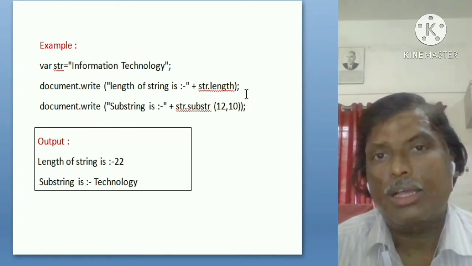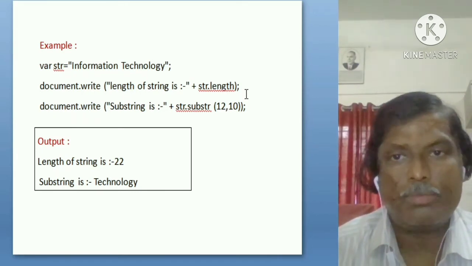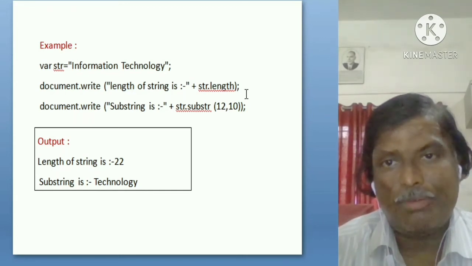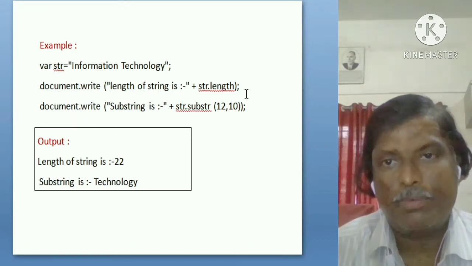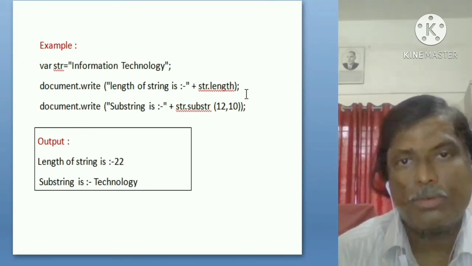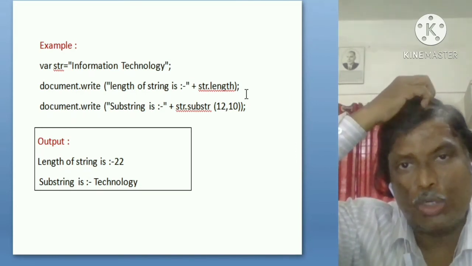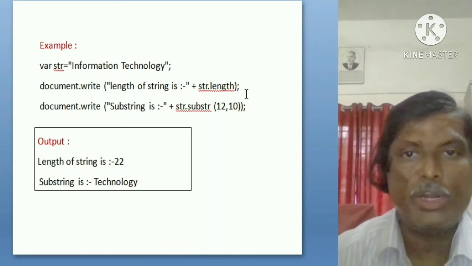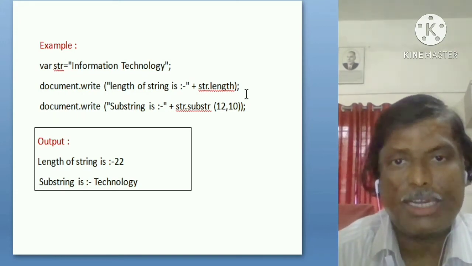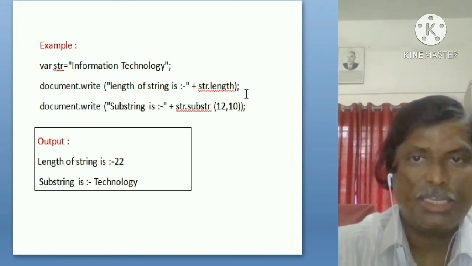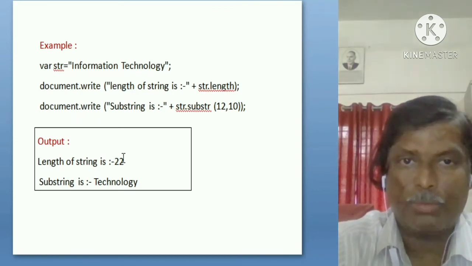So here str is the variable and length is the property of string, and when this dot is used between the variable and this property, it will give you the answer of the length of the provided string. So we know that there are a total of 22 characters including a blank space, or white space. So see, the output of the length of string is 22.